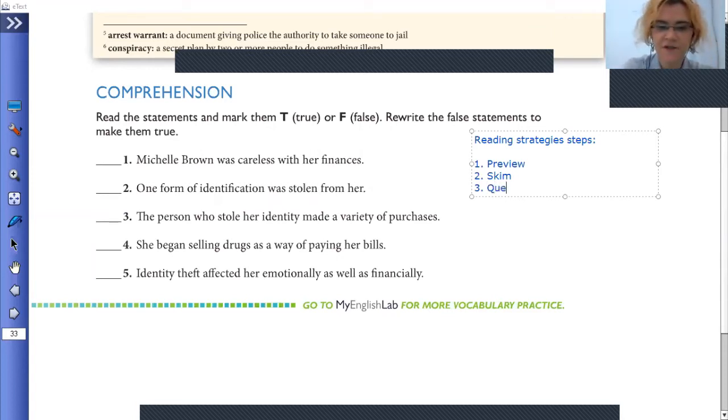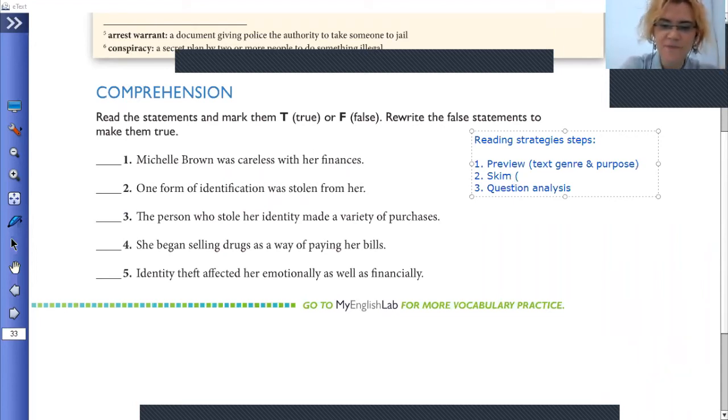Yeah, very good. So previewing is really for text type, genre, and purpose. How we do previewing, we read the title and the headings if the text has them, and visuals, and from there we can predict the text type and the purpose.